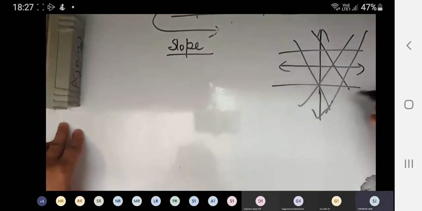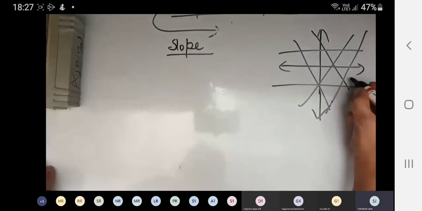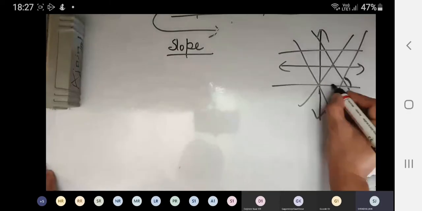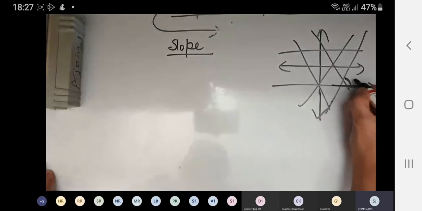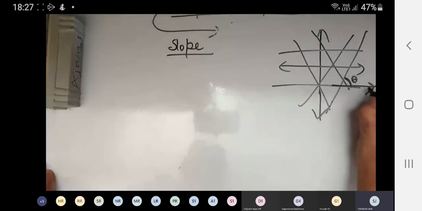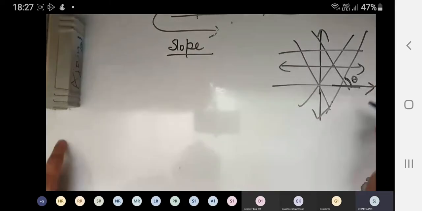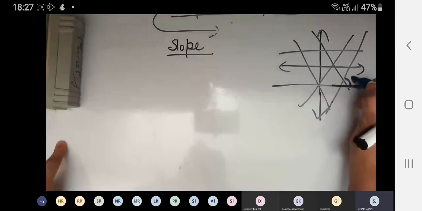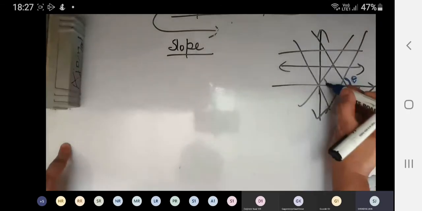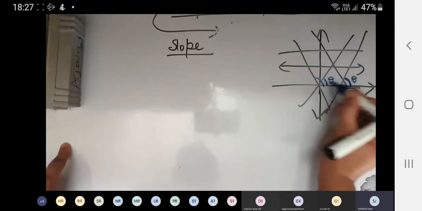So every line has its identity. What gives it an identity? One is its inclination to the x-axis. Inclination is the angle it makes with the positive x-axis. So every line has its own inclination.